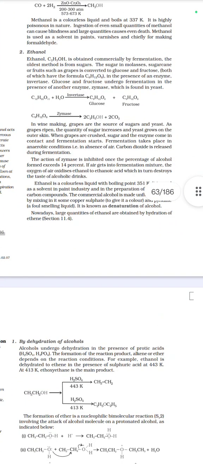In winemaking, grapes are the source of sugar and yeast. As grapes ripen, the quantity of sugar increases and the yeast grows on the outer skin. When grapes are crushed, sugar and the enzyme come in contact and fermentation starts. Fermentation takes place in anaerobic conditions. In the absence of air, carbon dioxide is released during fermentation.